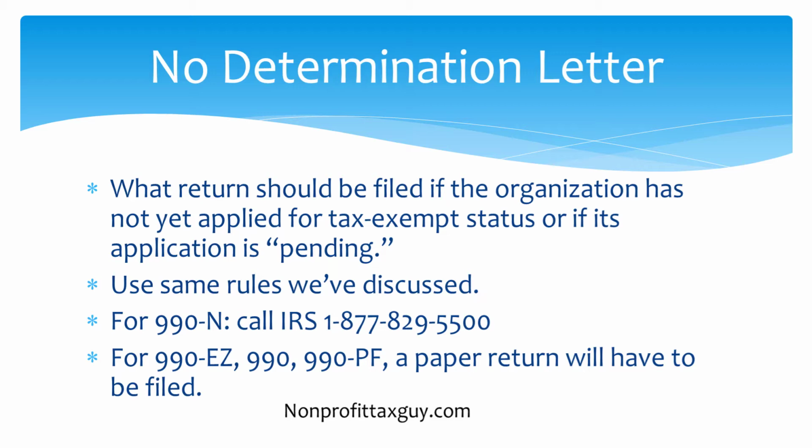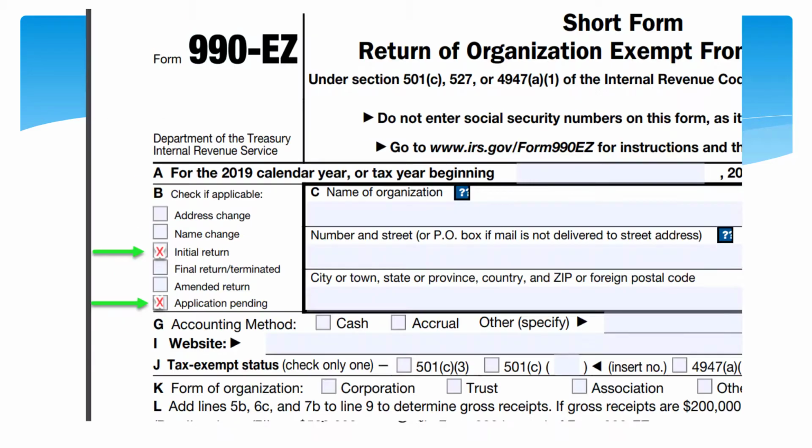Okay. To file the paper return, on the first page of the EZ or the 990 or the PF, you're going to need to indicate that by checking the box that the application is pending and that's your initial return. It's the first return you file for the organization. And the IRS will understand how to process it.